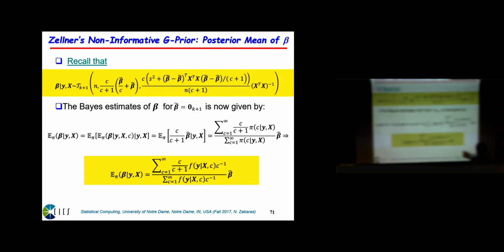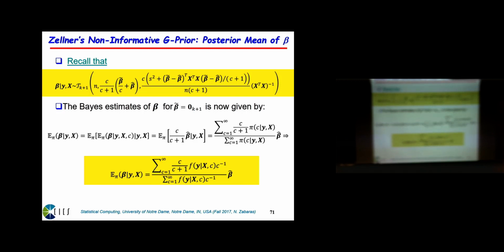How do you find the expectation of a discrete random variable? By definition, it is the sum of the variable times the probability.